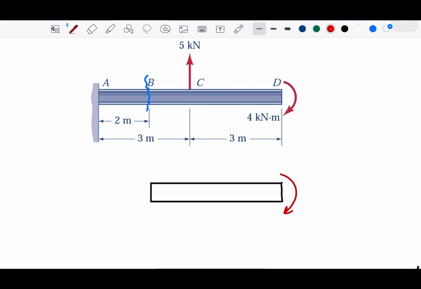This is going to be that 4 kilonewton meter. This is D, this is B, C. Five kilonewton, and this will be VB, and then having MB over there, right?